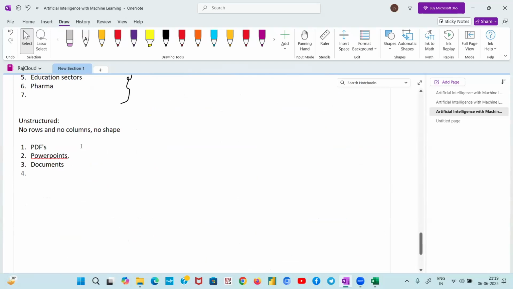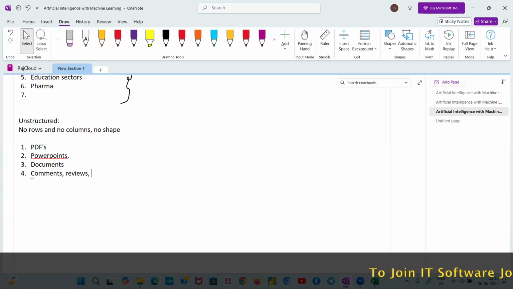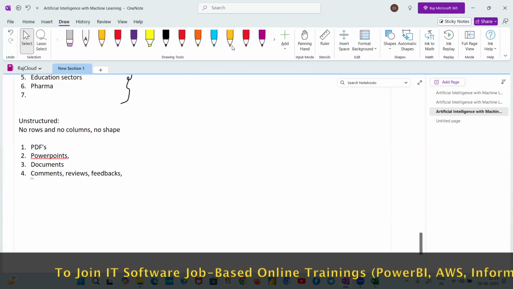If you go to social media, what do you see there? Comments will be there, reviews will be there, ratings will be there. Of course, ratings 1 to 5 come under structured, but I just wrote it here. Okay, let's remove it. Comments, reviews, feedbacks, so many names we call it.